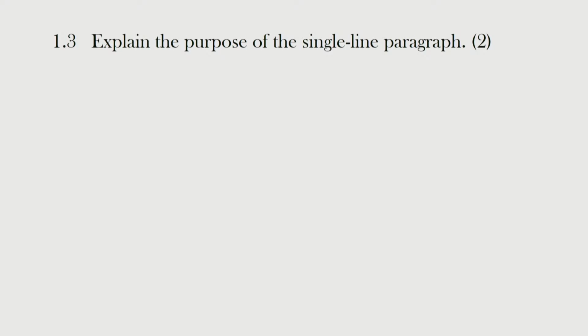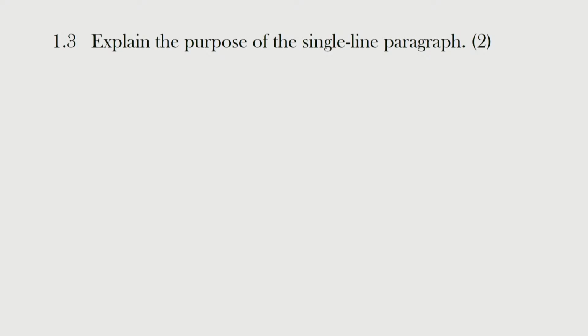Okay, so now the next thing we have to look at is the instruction word. And again we have explain. Okay, so we're looking for reasons. Now what are we explaining? The purpose. The purpose of what? The single line paragraph.